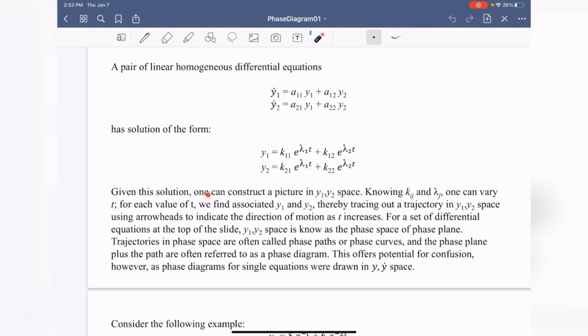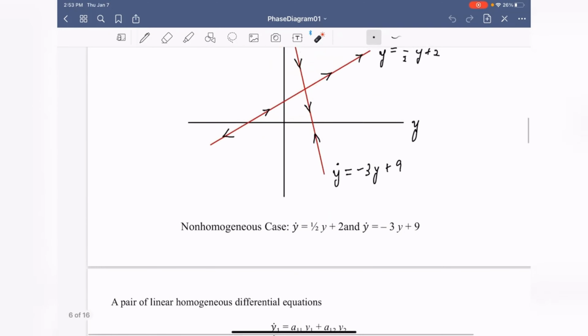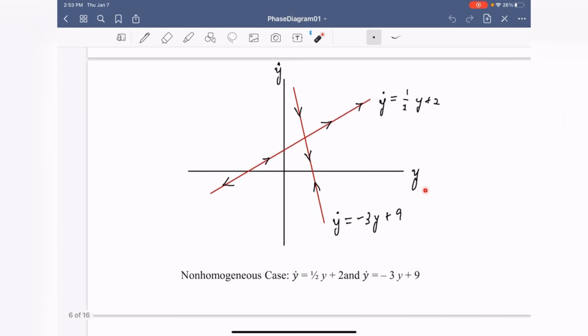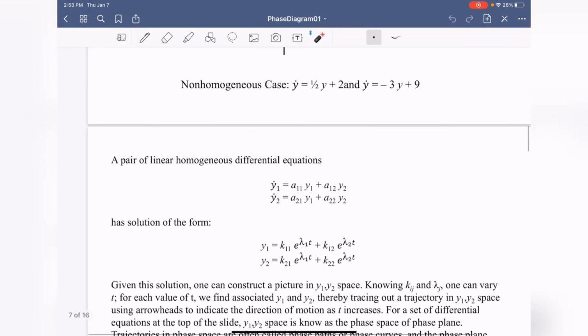So given this solution, one can construct a picture in y1, y2 space. Previously we had looked at y and y dot space. Now, because we have two variables, we're looking at y1, y2 space. If you look back here, we have y and y dot space, so we really can't talk about this being an equilibrium in any sense.